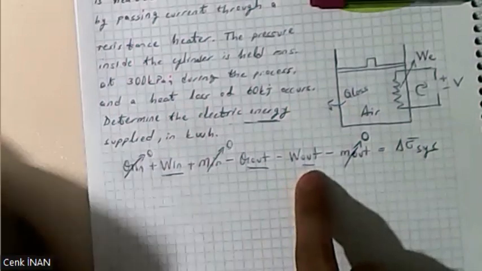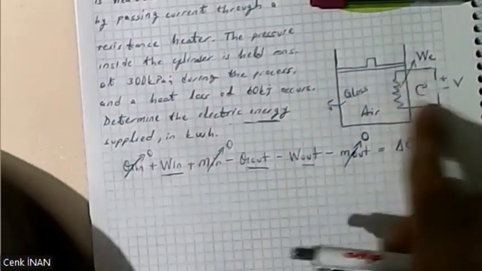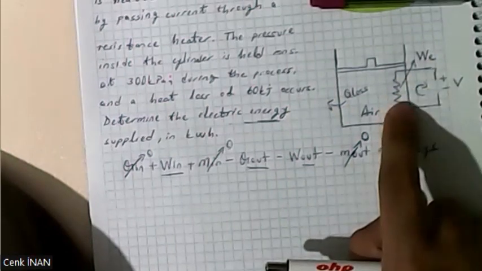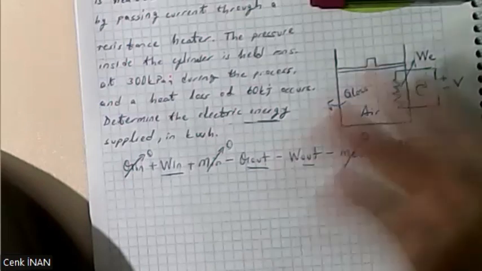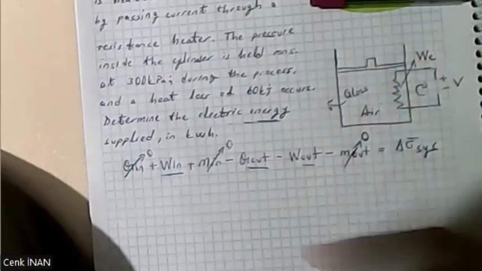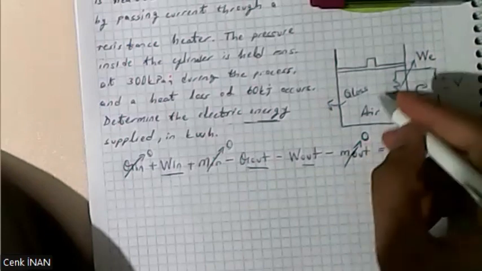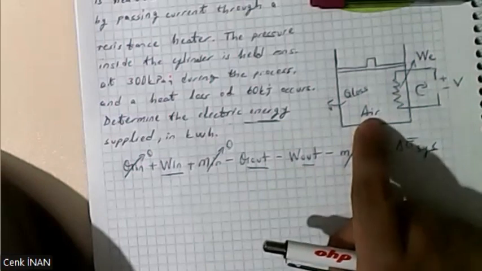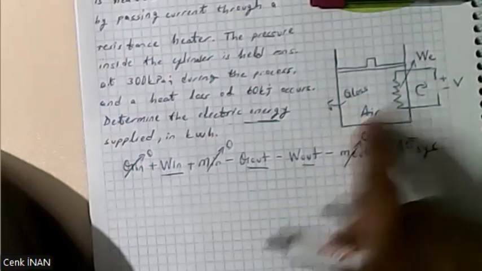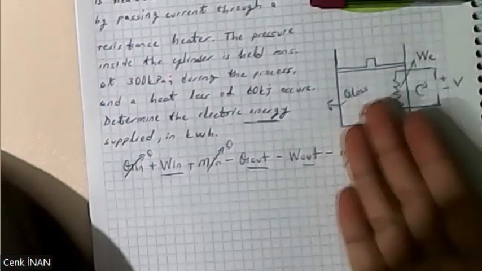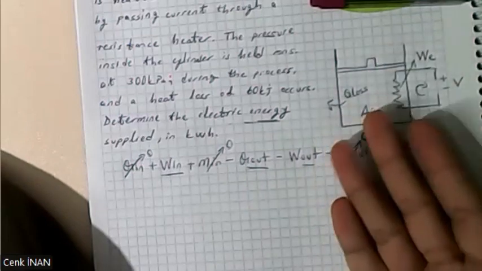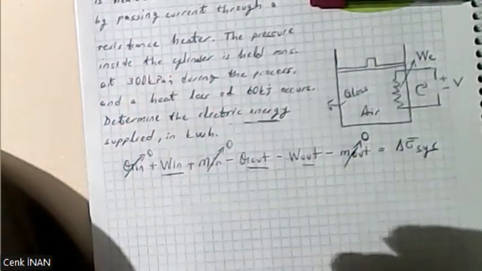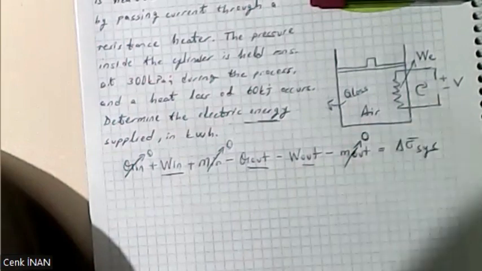Because when we have current through this wire, this resistance makes heat, and this heat boosts the air temperature. And because the system is isobar, the pressure is constant, the pressure does not change.